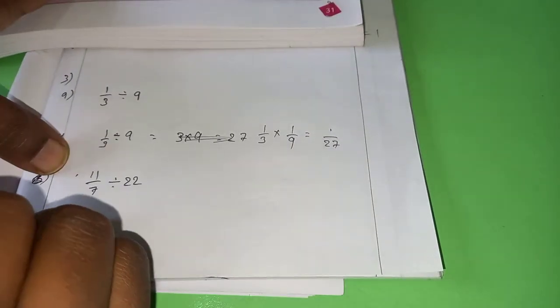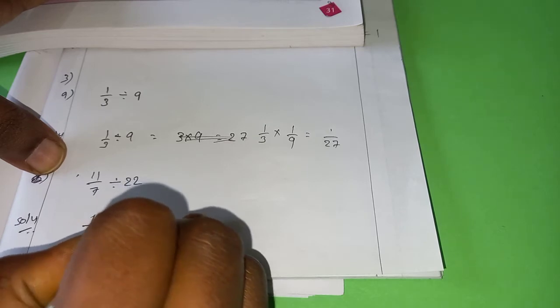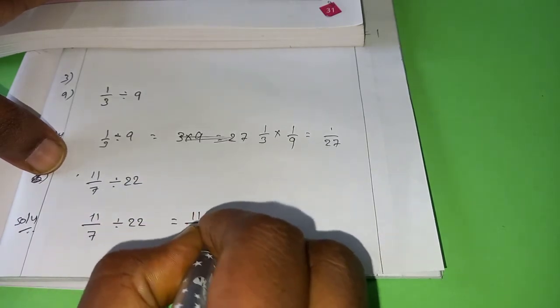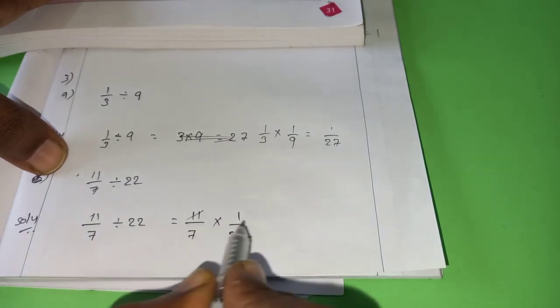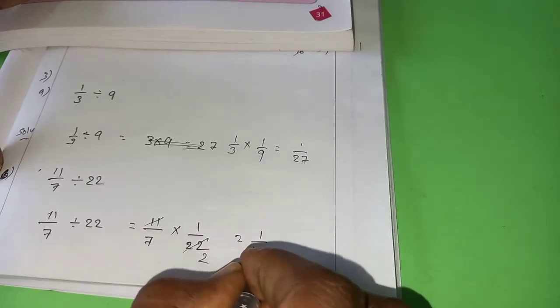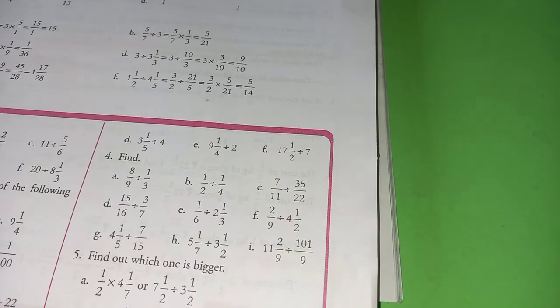Now C. 11 by 7 divided by 22 means 11 by 7 into 1 by 22. 11 ones, 11 twos. 7 twos are 14. 1 by 14 is the answer. Like that you have to do B, D, E and F.